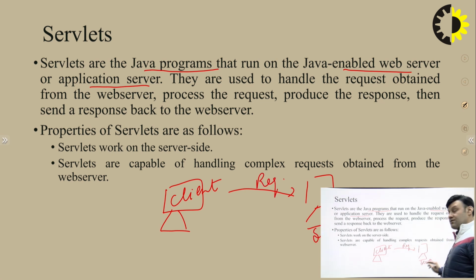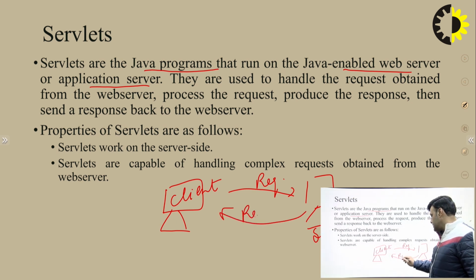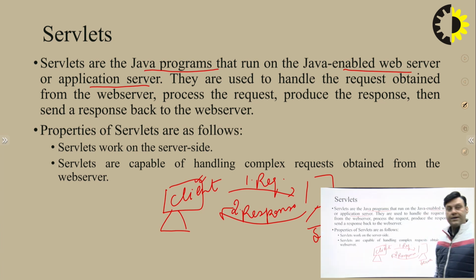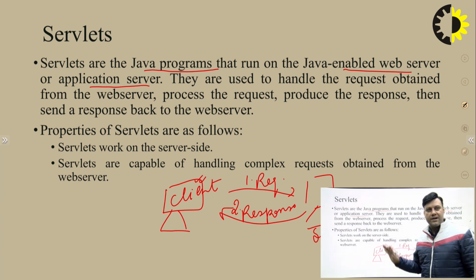Then the server will give some response, right? So first the request is sent, and on the basis of that request the server will send some response according to the query asked by the client, right? So this is a simple client server architecture.